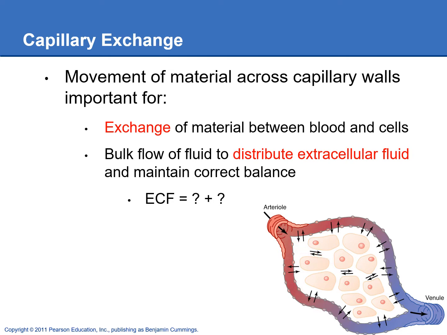So if you're getting dehydrated, maybe you're sweating a lot, it's a hot day, and you're losing some of the plasma, that fluid, out through the sweat, you can actually replace some of that by moving some of the interstitial fluid into the capillaries and replenishing that plasma.